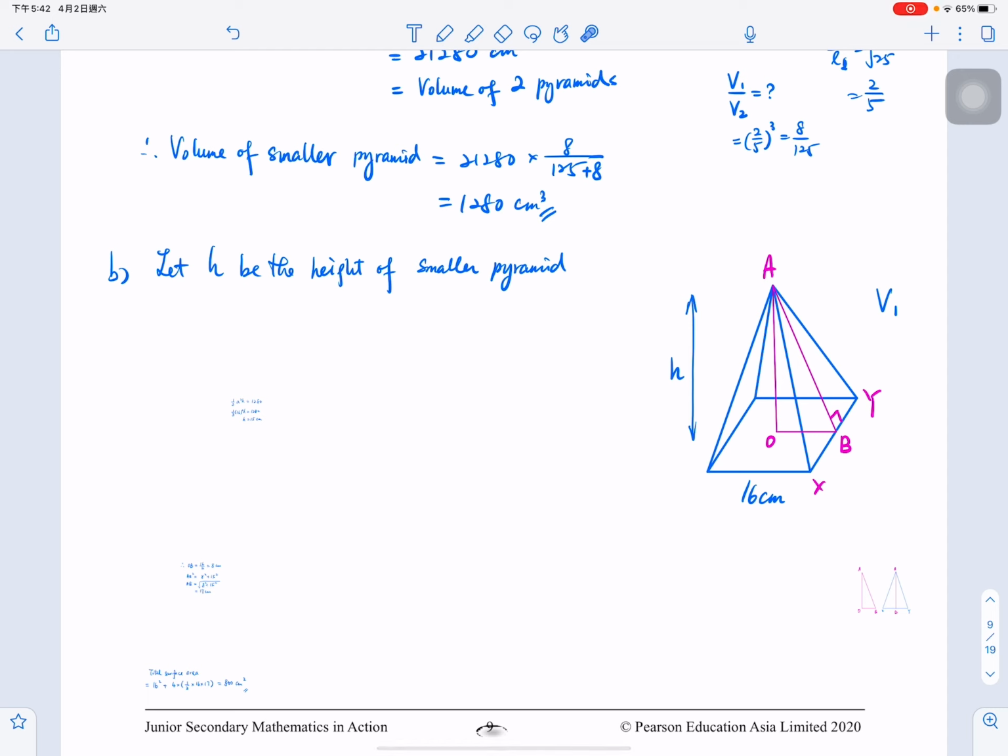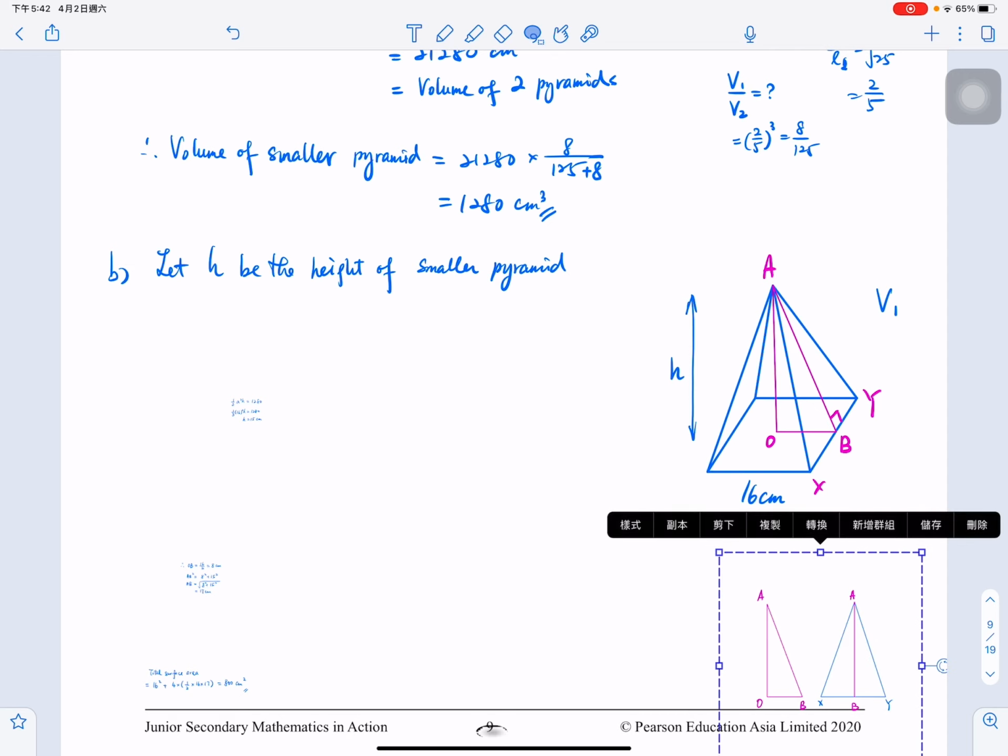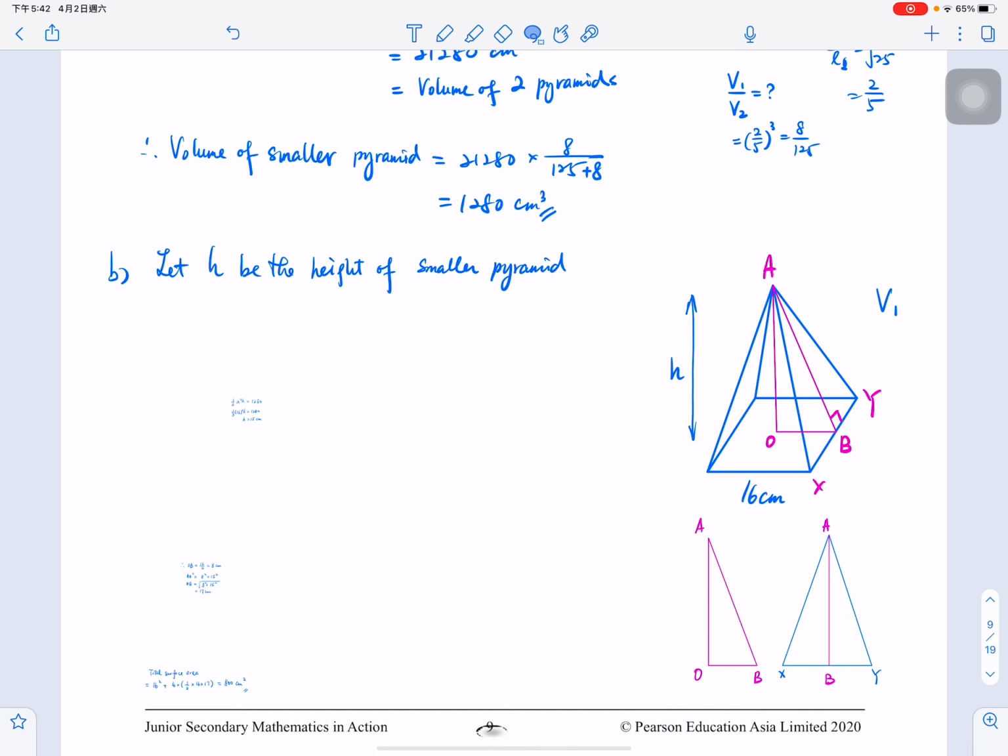Because AB is the height of one isosceles triangle, and we can make use of this triangle, AOB. If we know the lengths OB and AO, then we can find AB, right? Then we can find the area of an isosceles triangle.